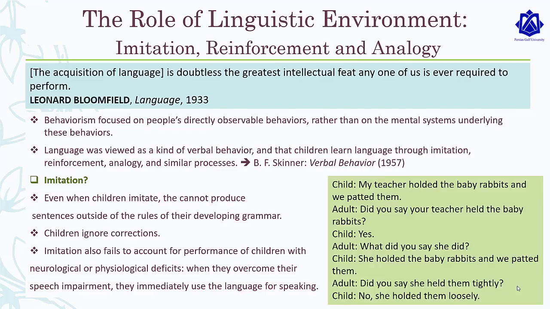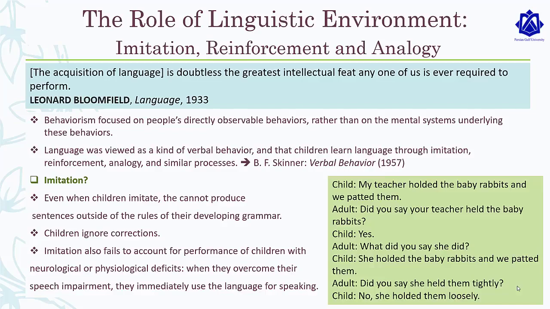Also, if we want to take imitation as the account to explain how children acquire language, we would not be able to account for the performance of those children who have some neurological deficits or physiological deficits, like cleft palate, for example.